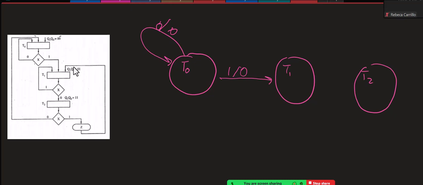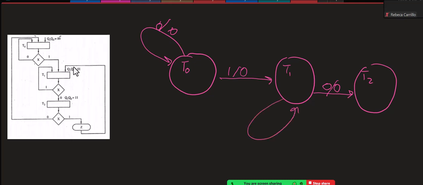Okay, so from T1, if our input is 0, what is my next state, and also what is my output? T2. 0. And from T1, if my input is 1, what is my next state?